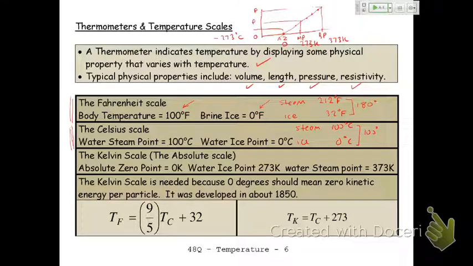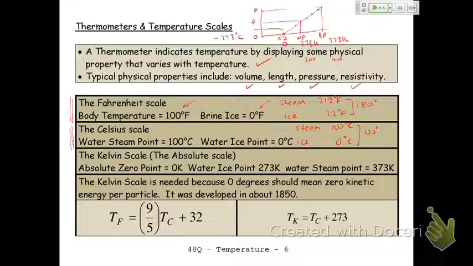Now, notice something. 273, let's call that 300 Kelvin. 373, let's call that 400 Kelvin. A kilogram of ice at 0 degrees C has the same number of particles as a kilogram of water at 100 degrees C. Yeah, agreed?